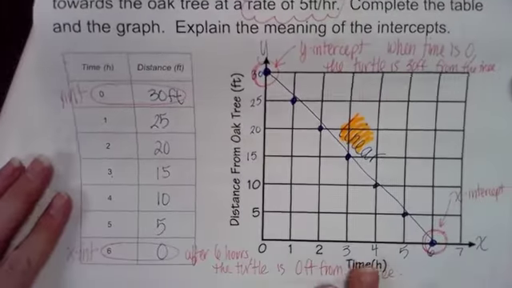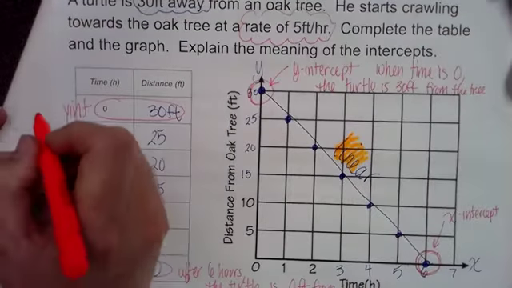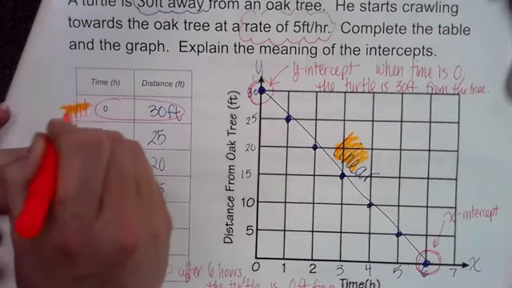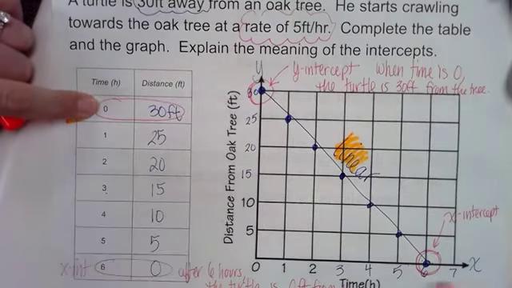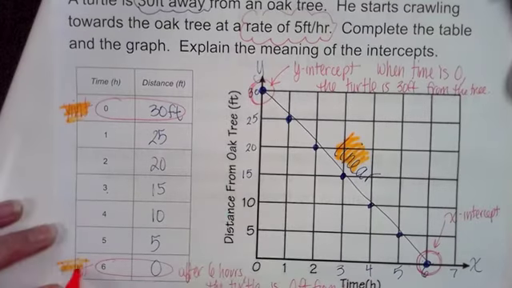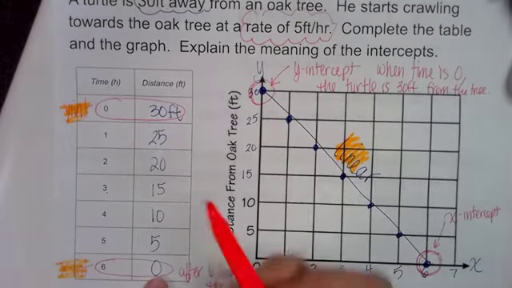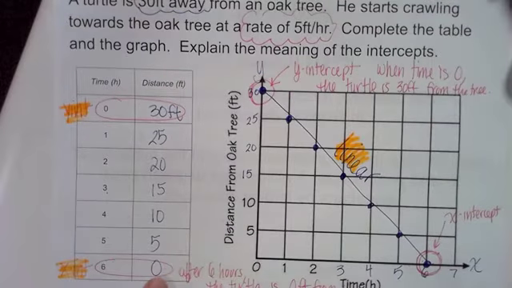All right, other thing I want to point out here. You'll notice that these intercepts happened, this y-intercept occurred when our x-axis, our time axis, was 0, and the x-intercept occurred when the y, or distance axis, was 0.